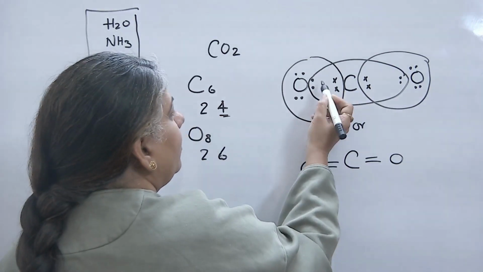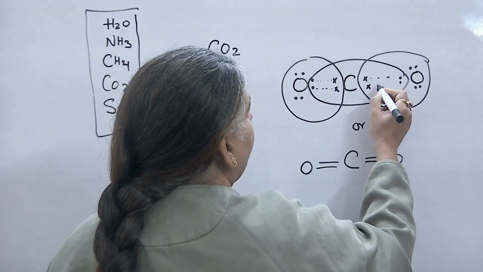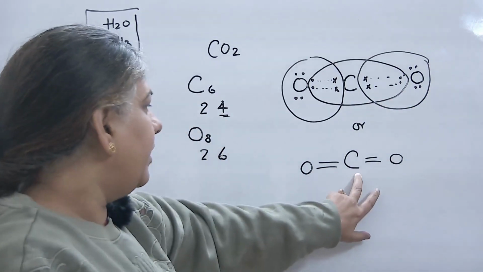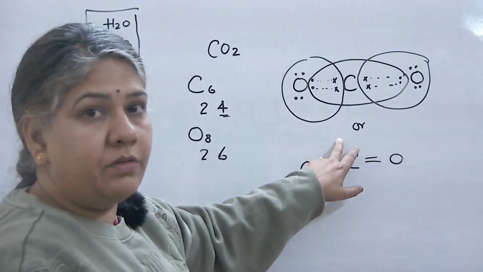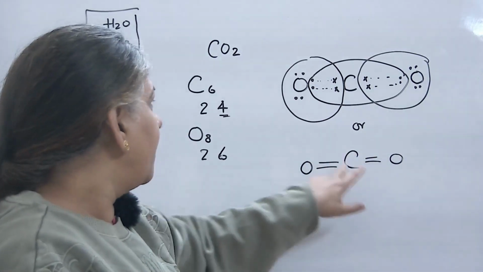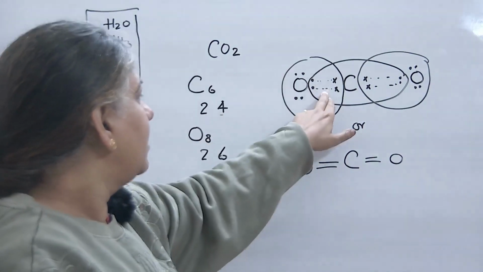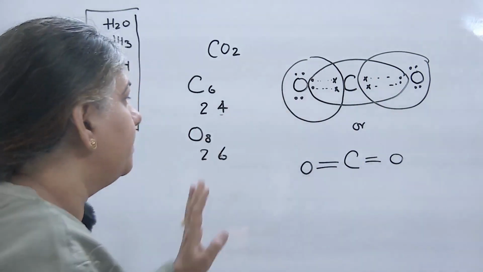Double bond because two bonds are being formed on either side. So carbon is tetravalent. In carbon dioxide, carbon is tetravalent because it has 4 valence electrons, so it is taking 2 electrons on either side from oxygen.